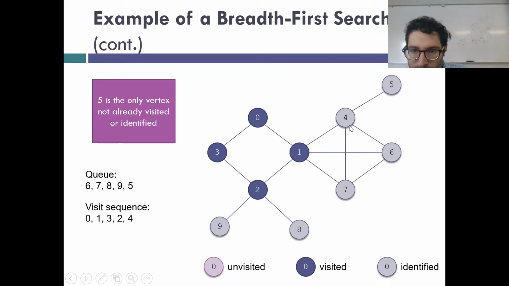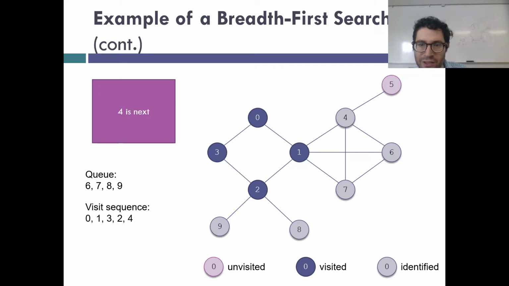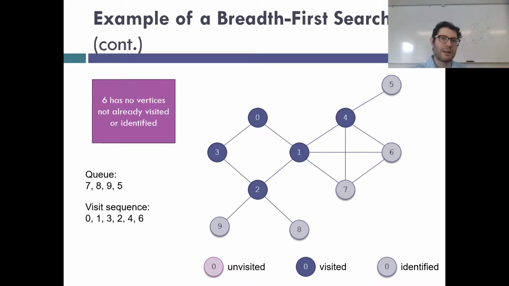And then 5 is the only vertex that we haven't seen there, so we add it to our queue. But we've already seen 6, 1, and 7, so we don't add those again. Ideally, the way this works is that we use essentially three data structures. Instead of doing this coloring thing, we use a queue to determine what we're going to visit next.